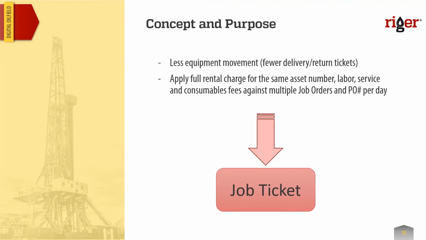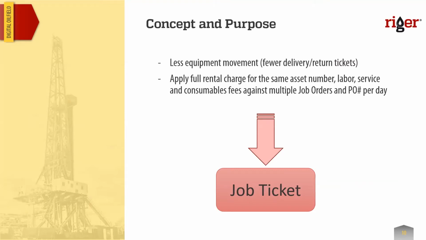We don't want to generate dozens of tickets for one client per day, but just a couple of tickets, maybe delivery and return, or maybe 3, 4, but definitely less than in the standard workflows.